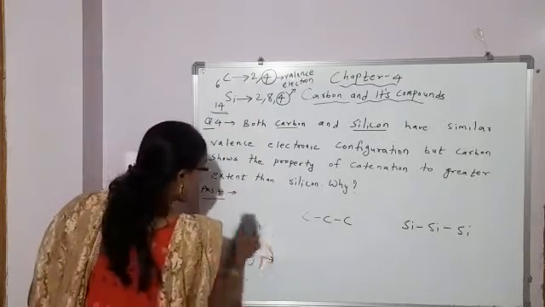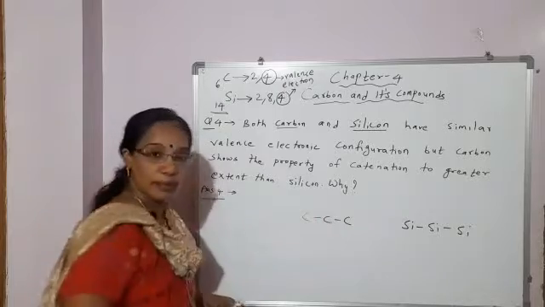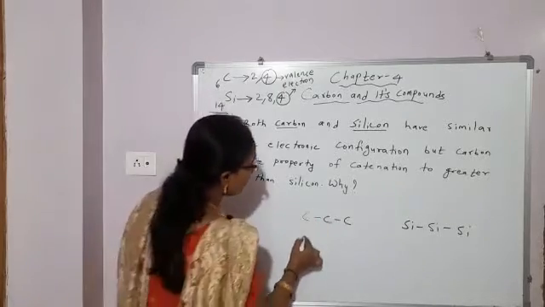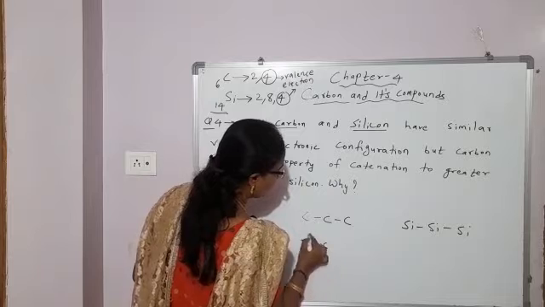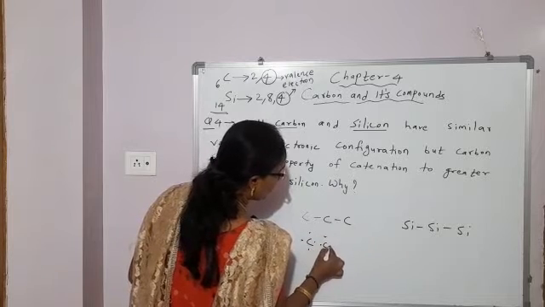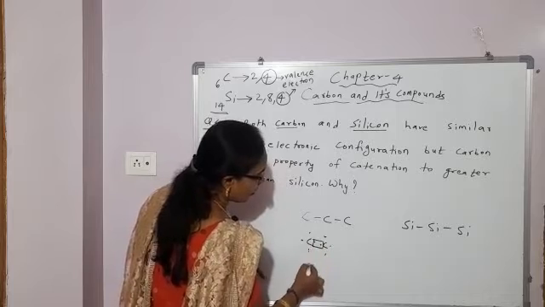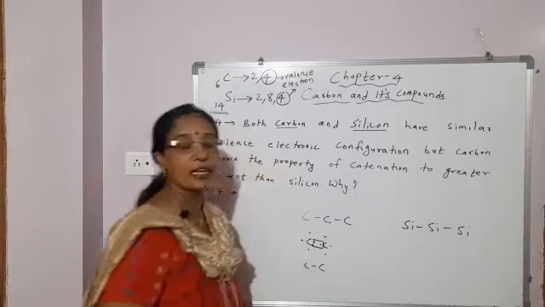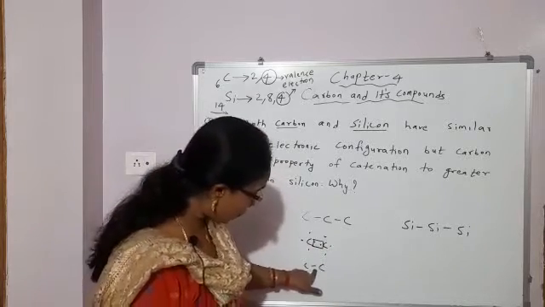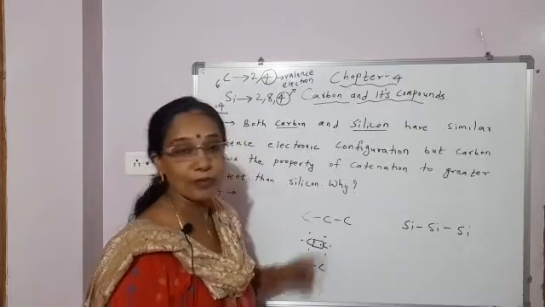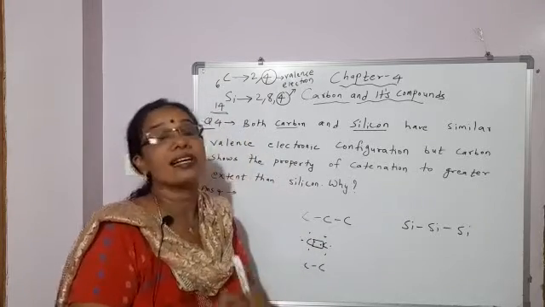Now because of the small size of carbon, the shared pair of electrons between 2 carbon atoms, when electrons are shared, what type of bonding is formed? Single covalent bond. This shared pair of electrons between 2 carbon atoms is held strongly.